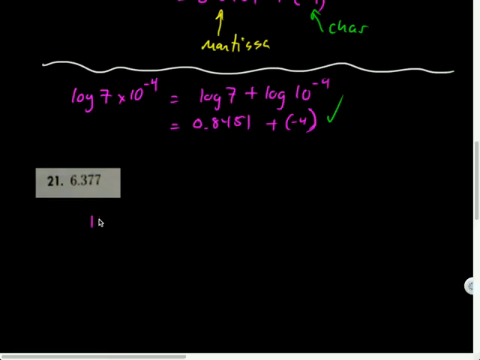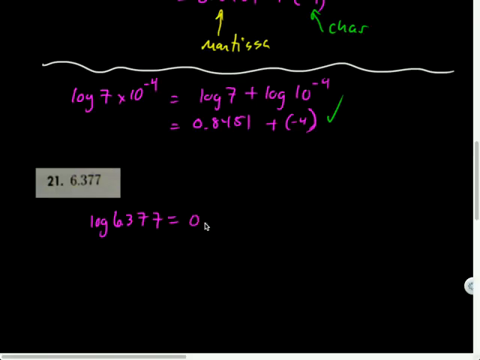So, log of 6.377, if I just type that right into a calculator, which, by the way, I think if you search for an internet calculator or Web 2.0 calculator or something like that, you can find a calculator on the internet that will do logarithms for you, among other things.